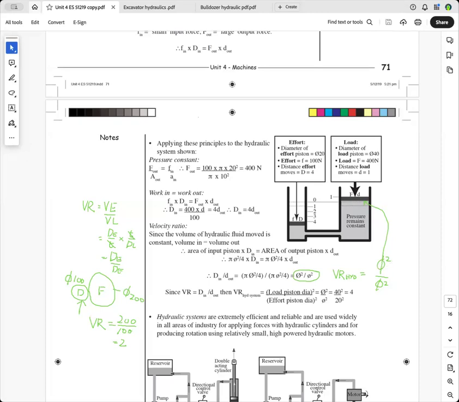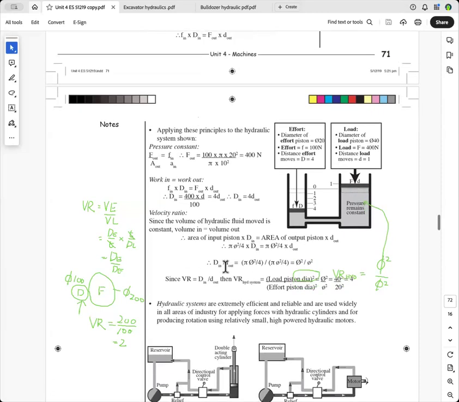So let's have a look. Hydraulic systems are extremely efficient. Like when I was your age, there weren't very many hydraulic systems around. They used cables and mechanical systems.